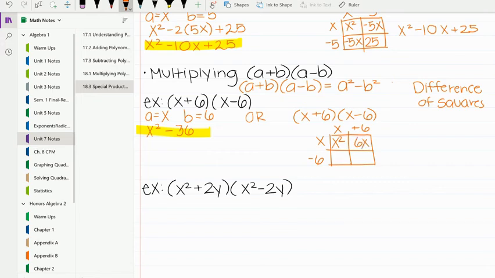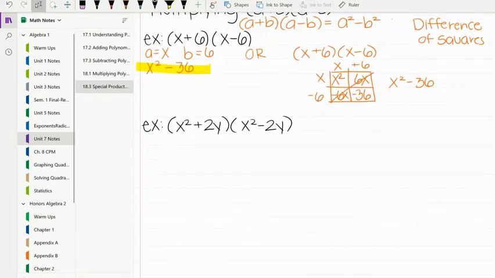In the bottom left, it's negative 6 times x, which is negative 6x. And 6 times negative 6, which is negative 36. So we would get x squared, the 6x minus 6x cancel out, so it would just be x squared minus 36, which is what we got before.